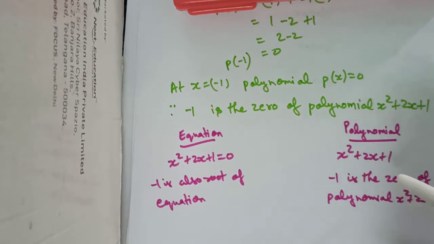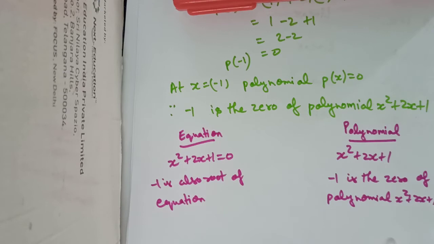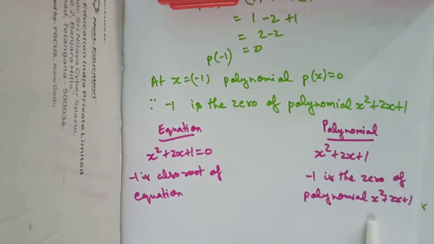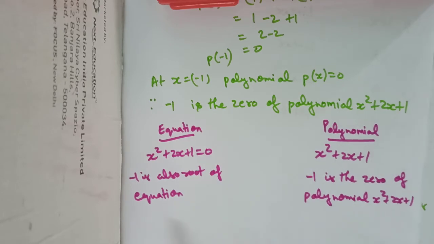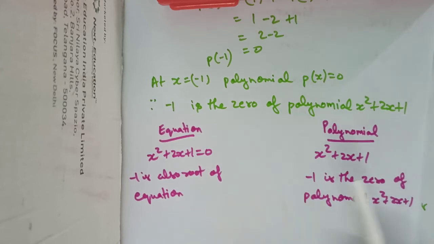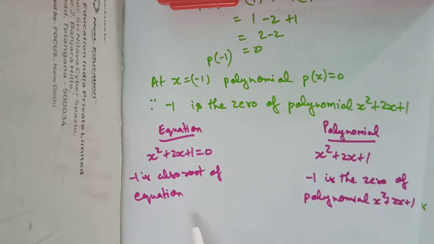Although we can say that the value of the 0 of a polynomial is the same as the value of the root of the corresponding polynomial equation.